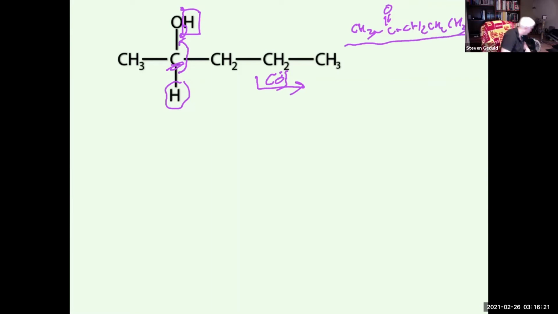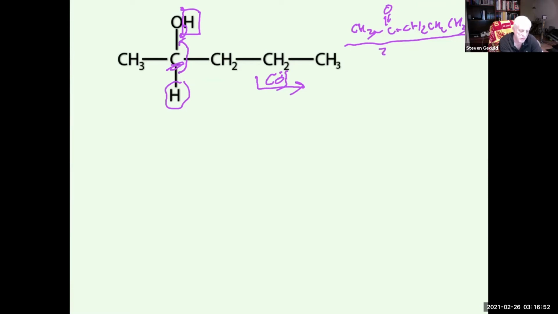Okay, so let's name this compound real quick. Let me grab my pen. All right, how many carbons do you have in a straight line? Someone should say 5, right? We have 5 carbons, so that's pentane. It's a ketone, and the carbonyl group is at number 2.